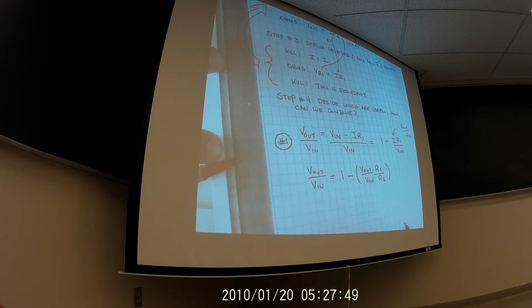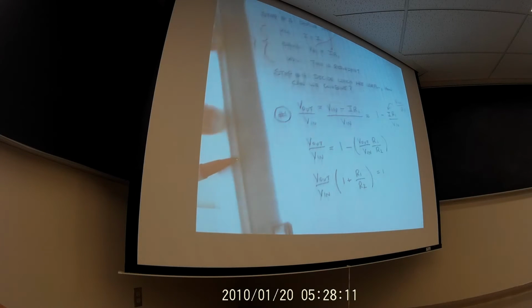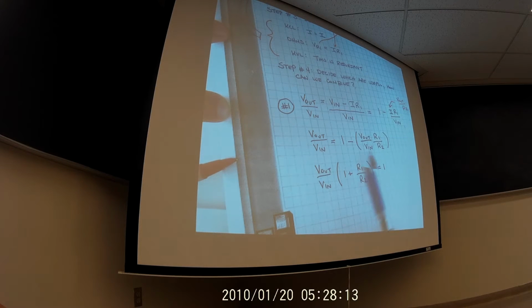And so what we can do is pull this over to the other side. So what we'll have is V out over V in times 1 plus R1 over R2 equals 1, because this has a V out over V in term in it, so we can pull that over and combine it with this one over here.